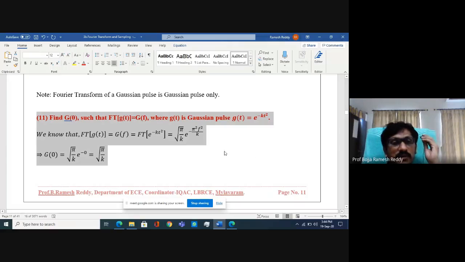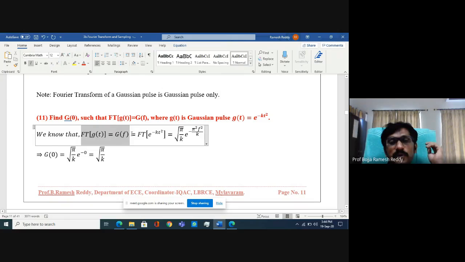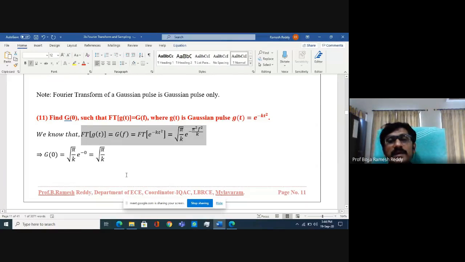Find G of 0 such that Fourier transform of g of t is equal to G of f, where g of t is the Gaussian pulse e power minus kt square. We know that Fourier transform of e power minus kt square, that Gaussian pulse, is root of pi by k e power minus pi square f square by k.